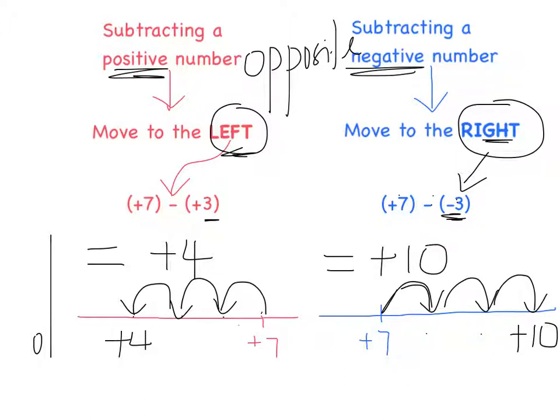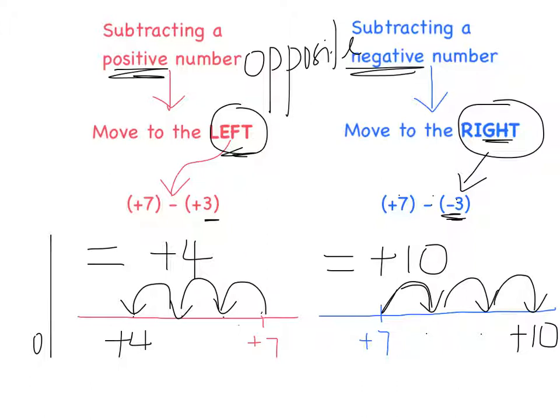Now if you think carefully, for 7 and 3, how can I get the value 10?